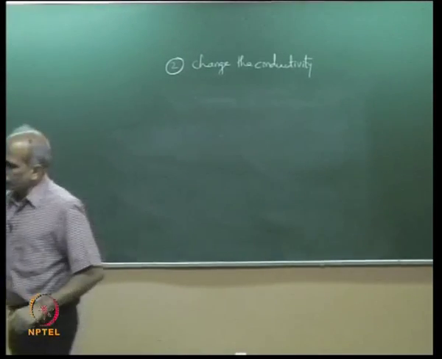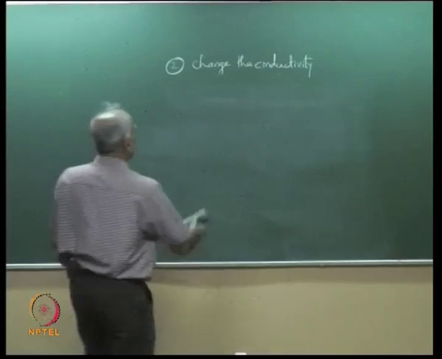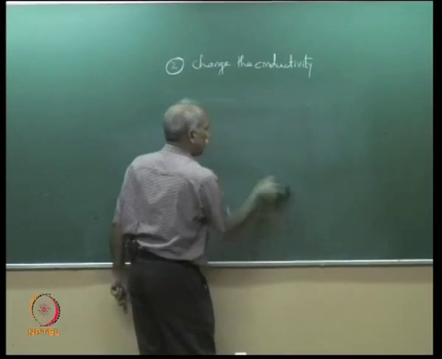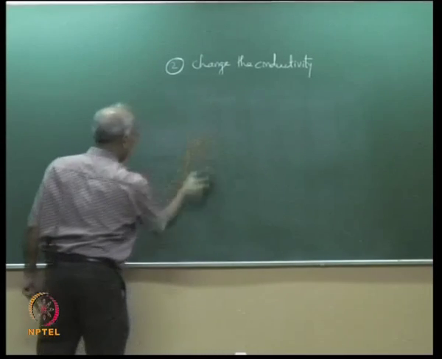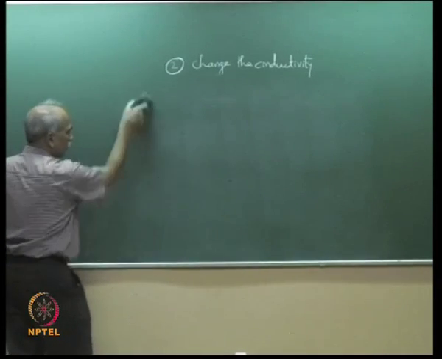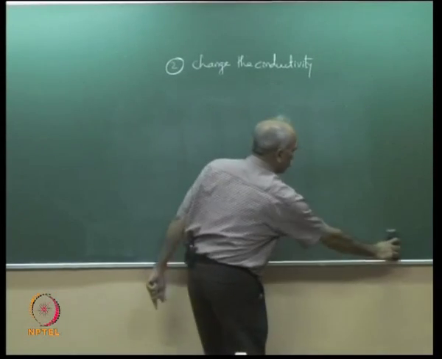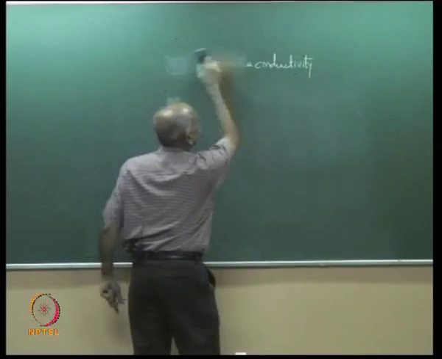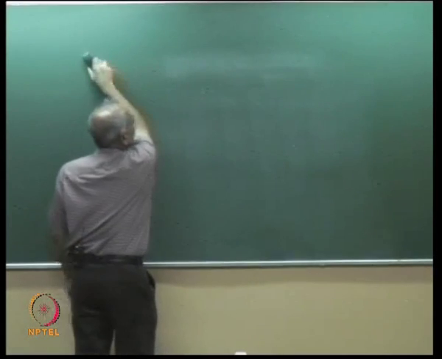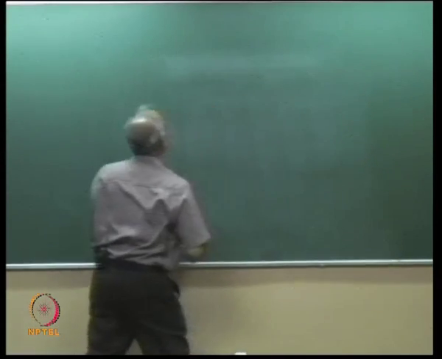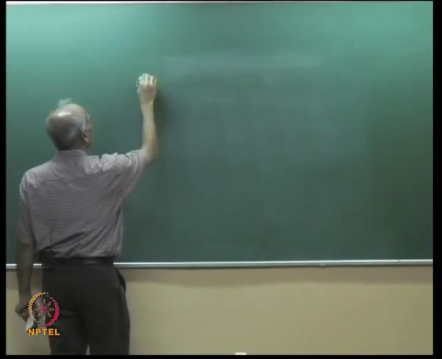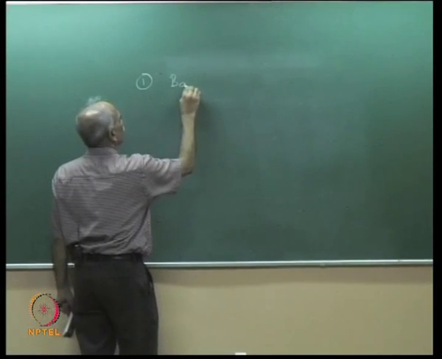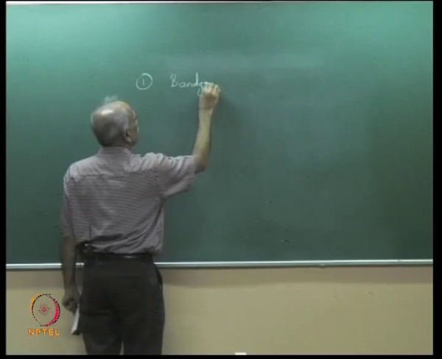From a fabrication point of view, there are certain design flexibilities provided by the additional degrees of freedom that you get. But the most important two points are these. The first point was band gap modification. This we discussed in the last class.